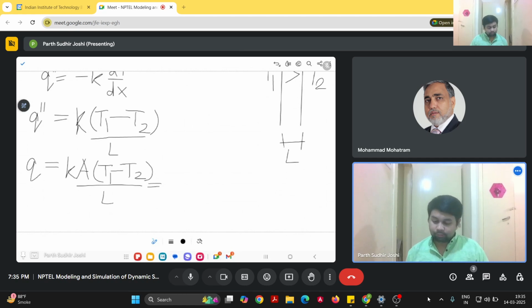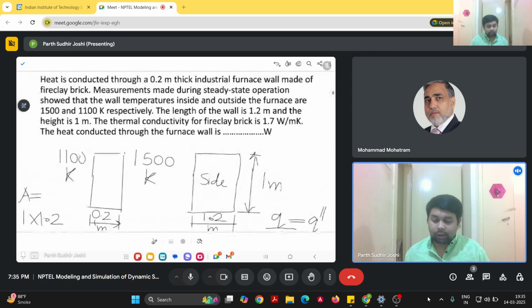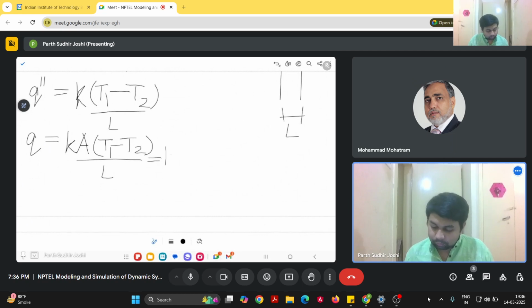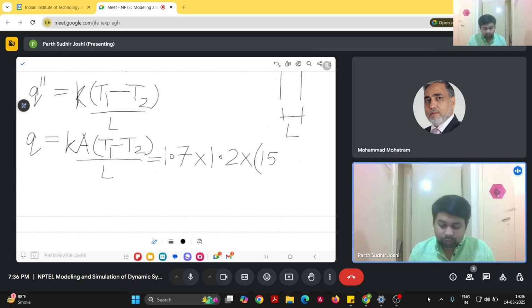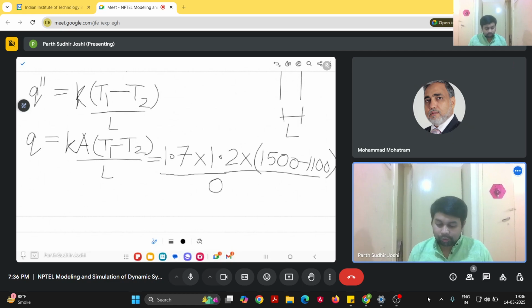So the thermal conductivity is 1.7, then we have the area, which we found as 1.2, into temperature difference, which is 1500 minus 1100, divided by the thickness, which was given to be 0.2. So this we can calculate.